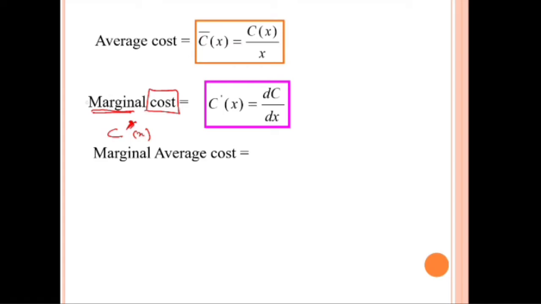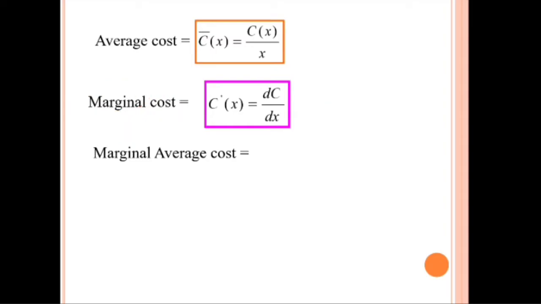So whenever you see the word marginal, it refers to the prime or the first derivative. If it's marginal revenue, that means it's the revenue function that we have to differentiate. If it is marginal profit, then it's the profit function that we have to differentiate. So remember, the word marginal refers to the first derivative.